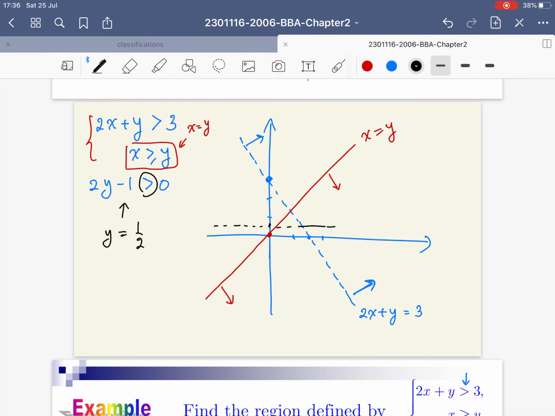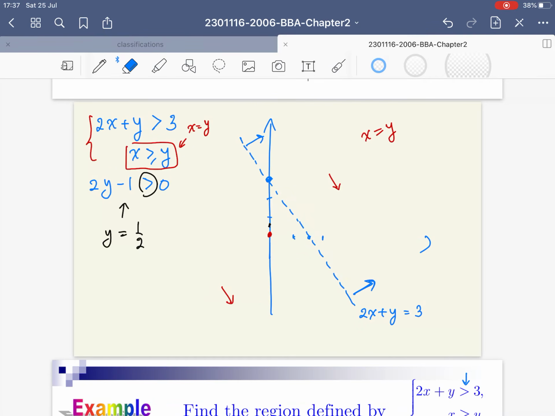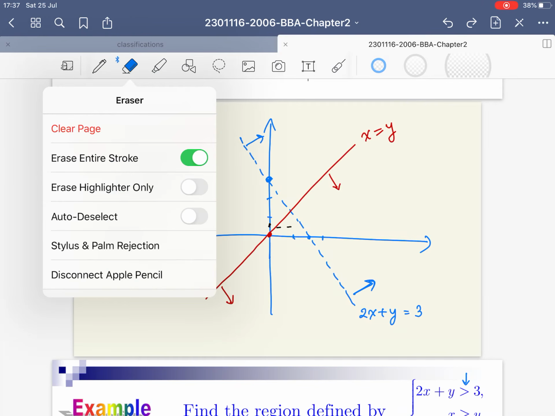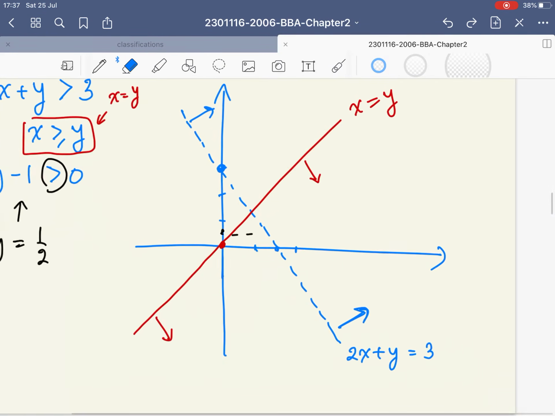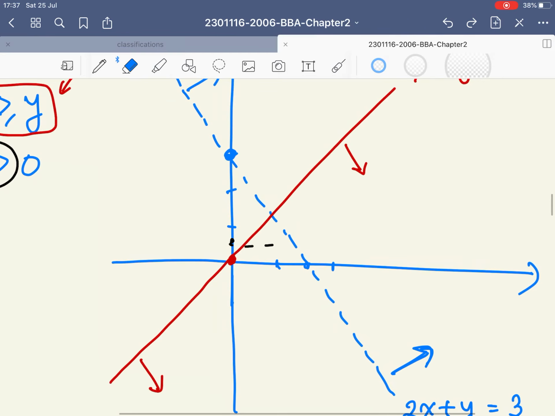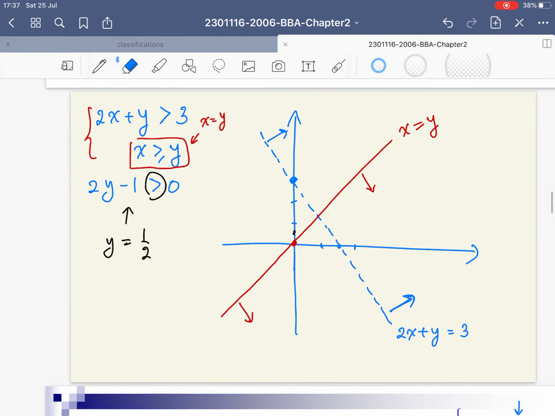But how do you know that it's not passing through this point? You need to make sure of that. Your graph need not be that accurate, however, it still needs to give you all the right information.